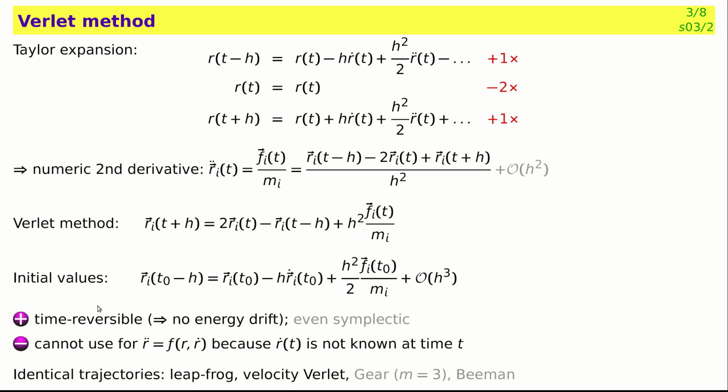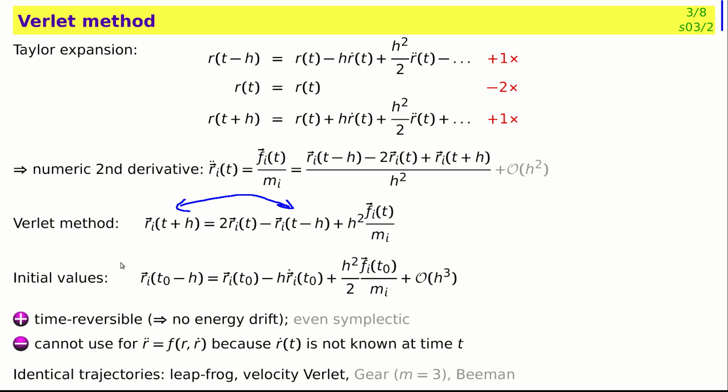What are good and bad properties of this method? First, what we see is that this method is time reversible. Because if we exchange time step to minus time step and just replace these terms, I'll get exactly the same formula.